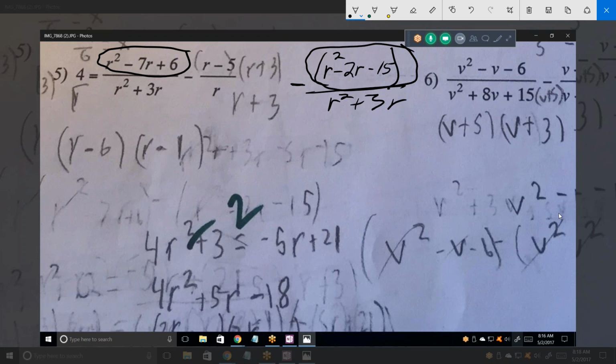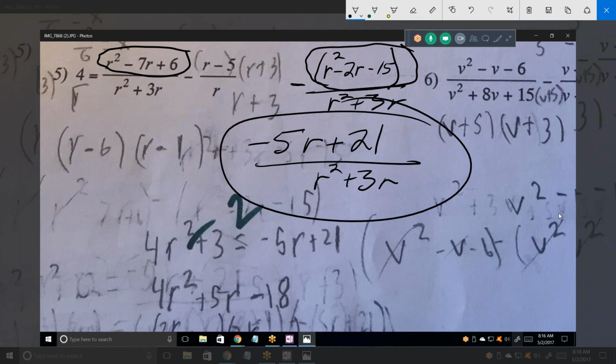So we got minus 7 plus 2. We got minus 5r. Now, how many numbers do we got? We got 6 minus a minus 15. That's plus 21. There is our numerator. Our denominator is still r squared plus 3r.